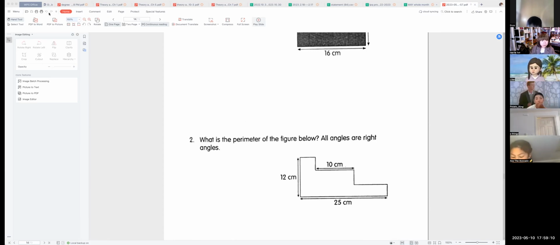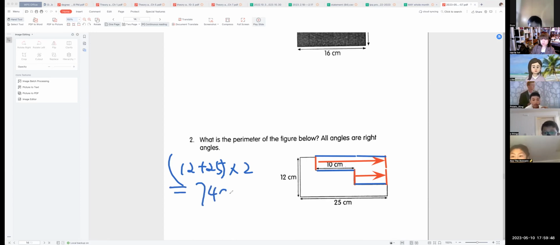So everybody, if you have this line, and you move it to here and here, you're going to find out the other two lines are here and here. Correct? And now I'm moving another one. This line and this line, I'm going to move it to here and here. So that's why basically it is a rectangle with 12 plus 25 times 2 equals 74 centimeters.